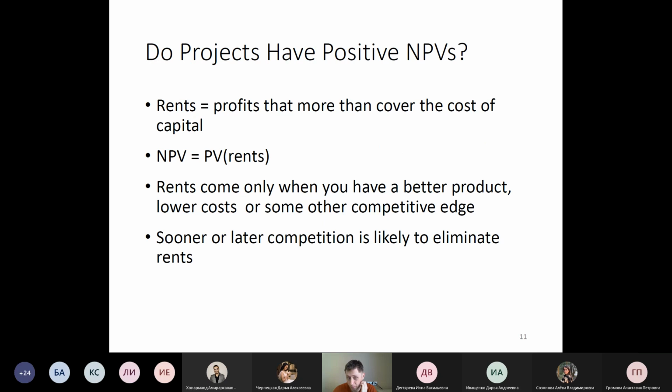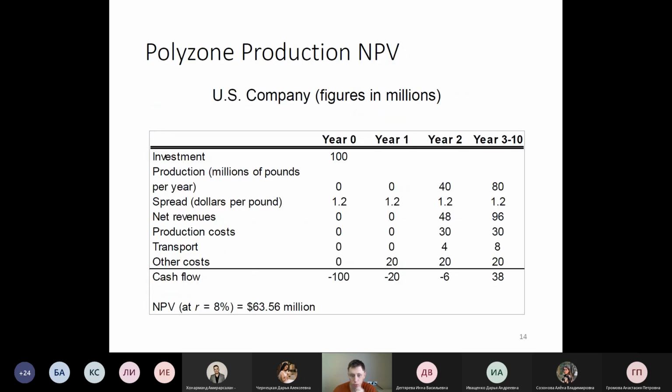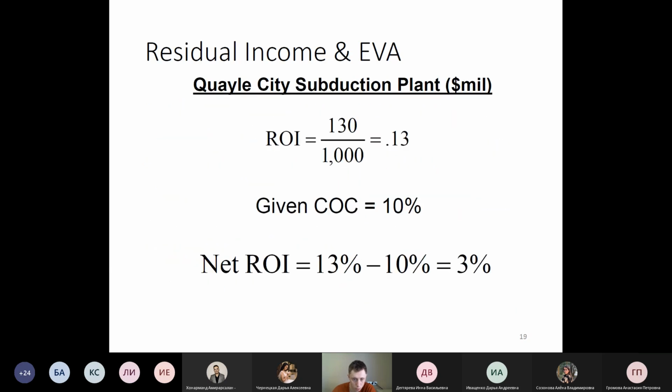This is one of the estimations that we would work with.